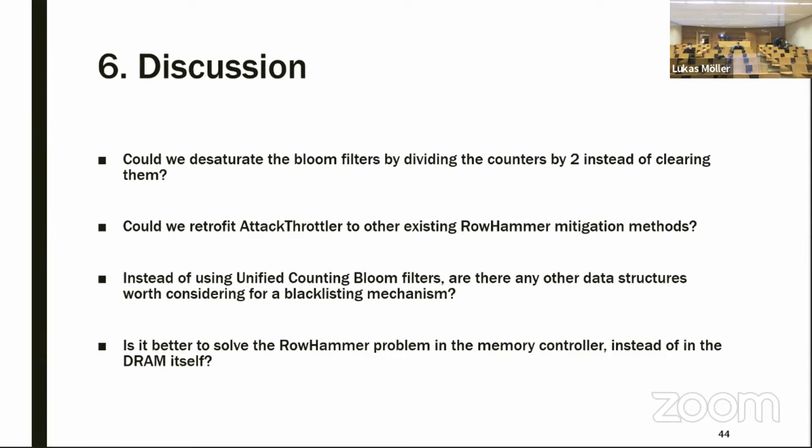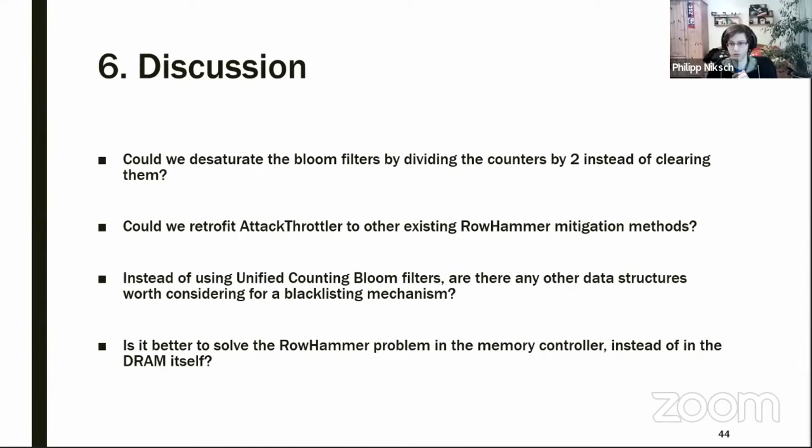So other memories, for example non-volatile memories or different types of memory technologies in the market, also exhibit read disturbance errors. So if you have some sort of mechanism in the memory controller which can theoretically account for read disturbance, then that's a more general purpose solution instead of just focusing on RowHammer.